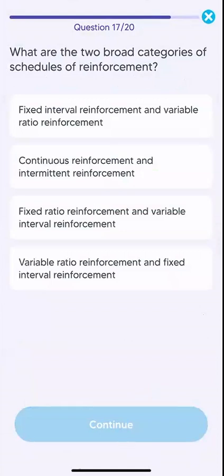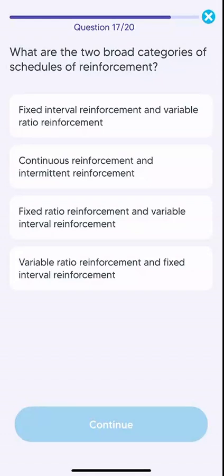What are the two broad categories of schedules of reinforcement? Fixed interval reinforcement and variable ratio reinforcement, continuous reinforcement and intermittent reinforcement, fixed ratio reinforcement and variable interval reinforcement, variable ratio reinforcement and fixed interval reinforcement.